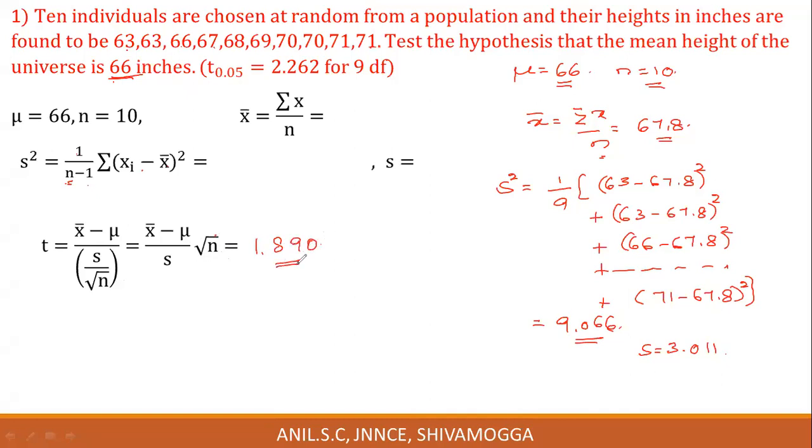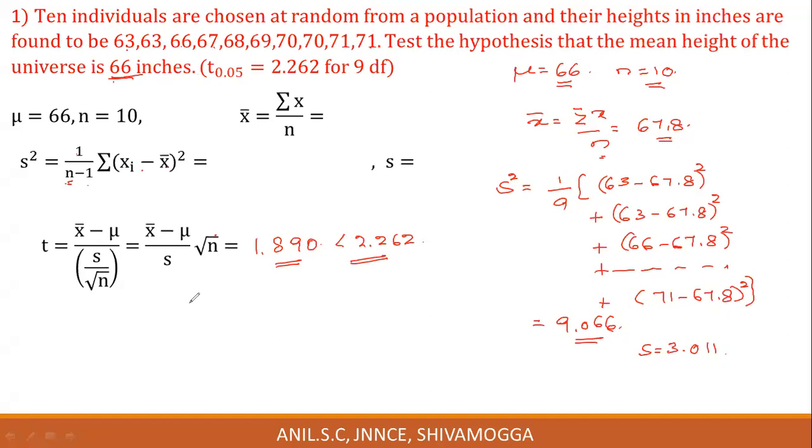1.890. This is the statistic t, and clearly this statistic t is less than the table value, that is 2.262, right? 2.262. Therefore, the given data is consistent. This is the hypothesis that the mean height of the universe is 66 inches.